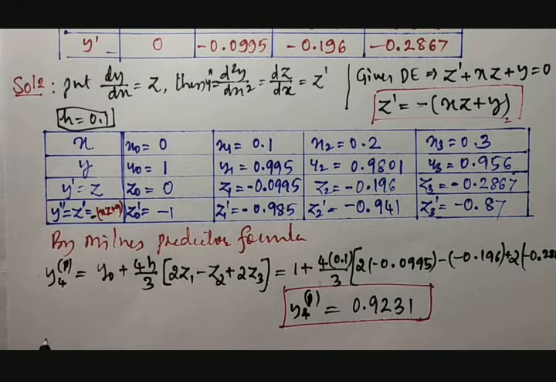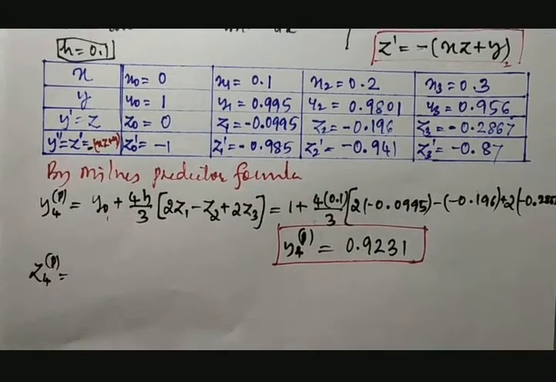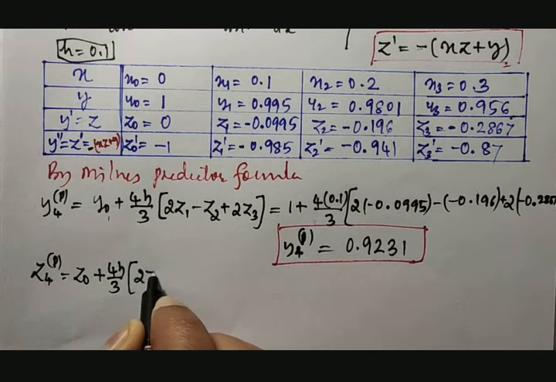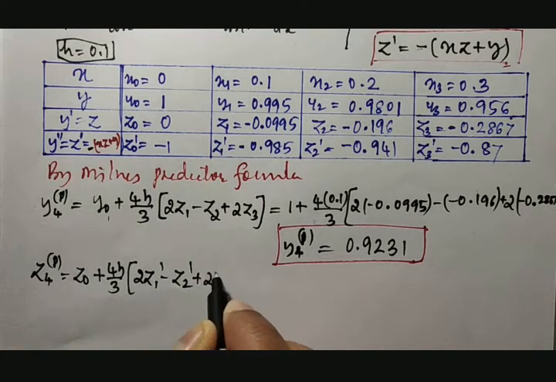Then similarly, the prediction to z4, which is nothing but its derivative. That is z0 plus 4h divided by 3, that into 2 times z1 dash minus z2 dash plus 2 times z3 dash.